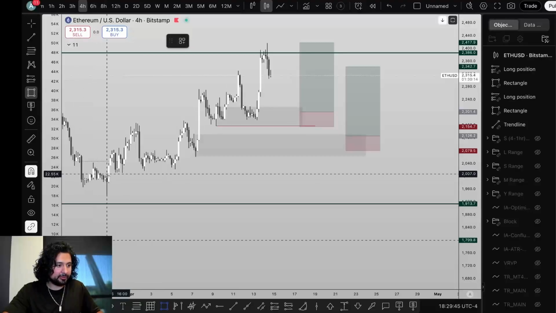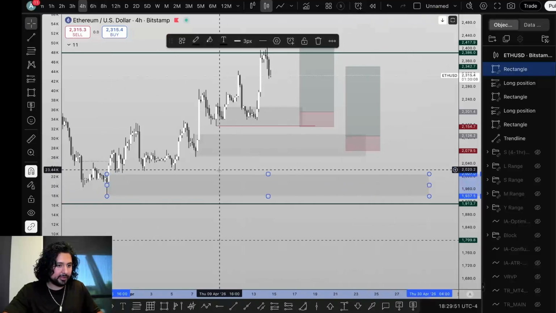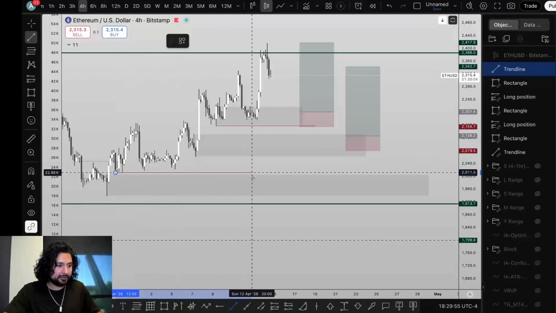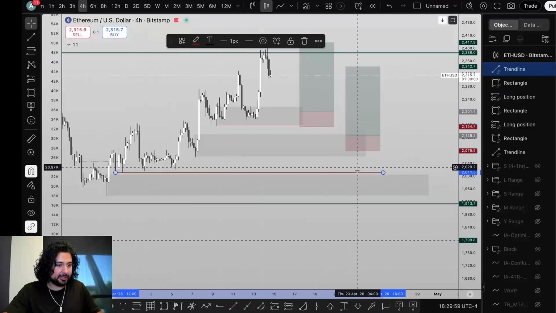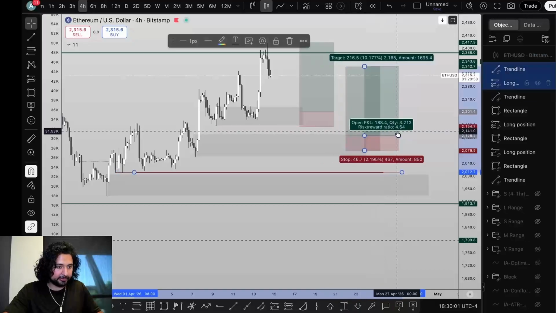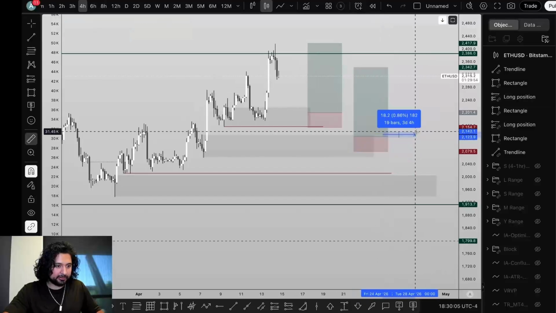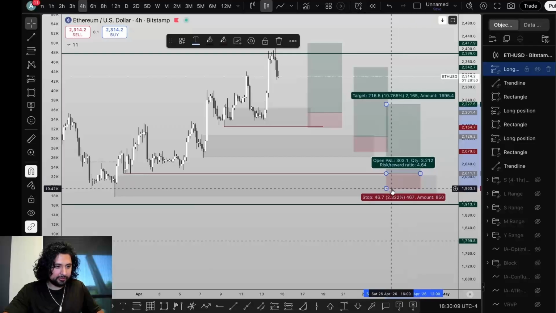And a possible unmitigated block that could be the last fill at that 2,000 mark. All these equal lows too. We have a bunch of equal lows right here. Last possible long will be in this block right here.